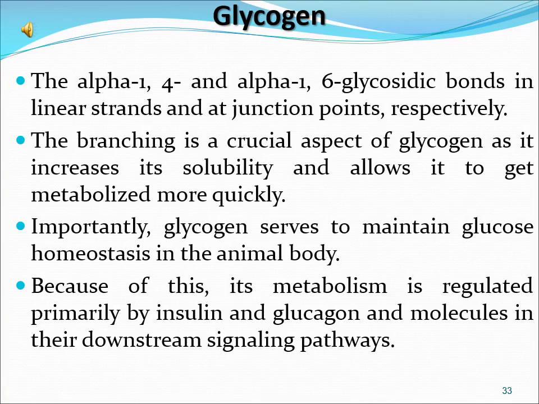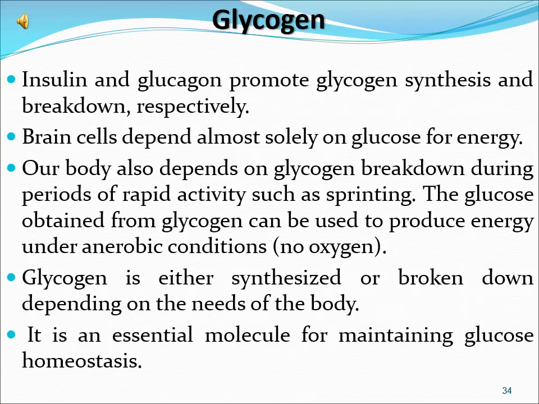Importantly, glycogen serves to maintain glucose homeostasis in the animal body. Because of this, its metabolism is regulated primarily by insulin and glucagon and molecules in their downstream signaling pathways.